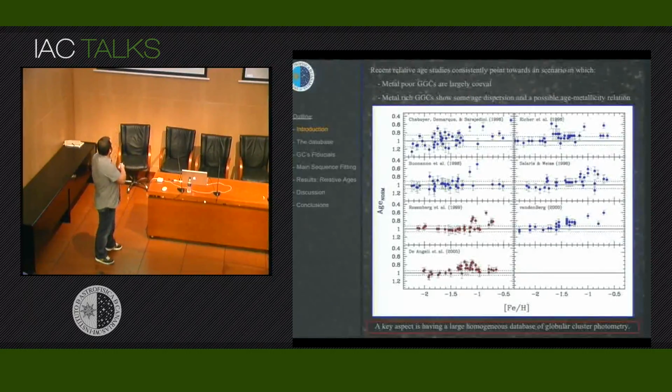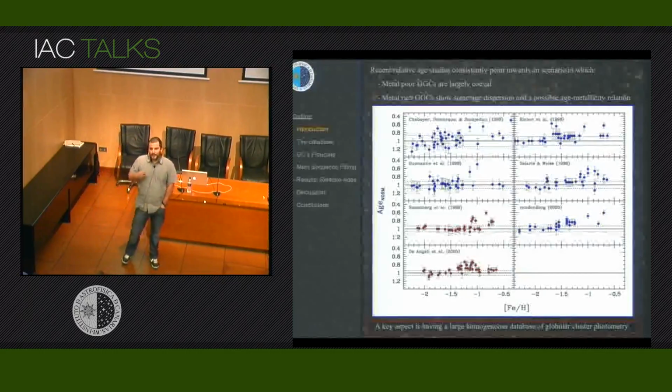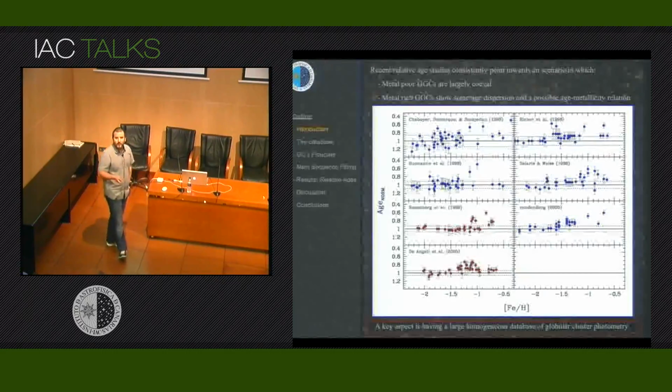Here I'm showing in blue the works based on literature compilations of color magnitude diagrams, while the red points show the studies with homogeneous globular cluster photometry. So what we have learned from those studies is that having homogeneous globular cluster photometry is a key point. You need a homogeneous database.